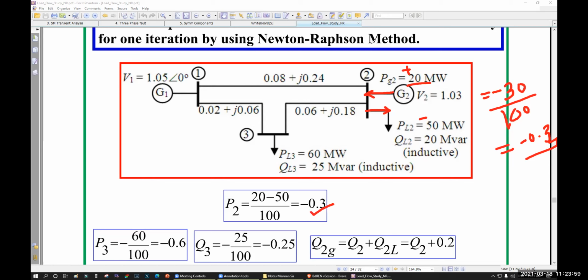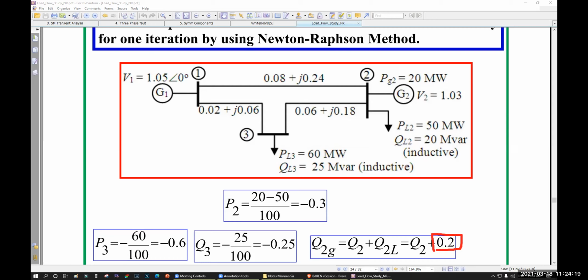Now your Q3 is how much? Oh, no, Q2. What is your Q2 here? Your Q2 is minus 0.2, right? No, it is 0.2.